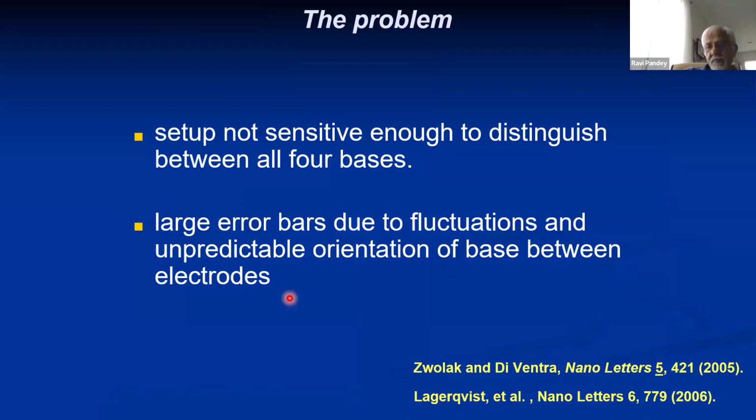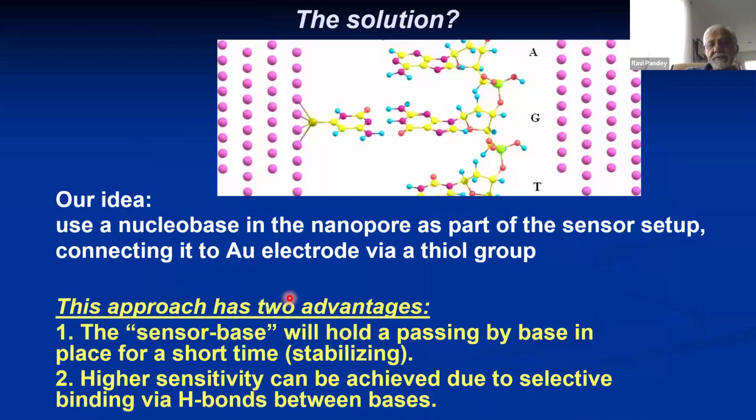So our idea that came out was to use these nanopores, nucleobases, and can we use them as a probe to stabilize the passing DNA interaction. Previously they had these pores with these other contacts without this probe molecule, and simply a single-strand DNA passing through it.